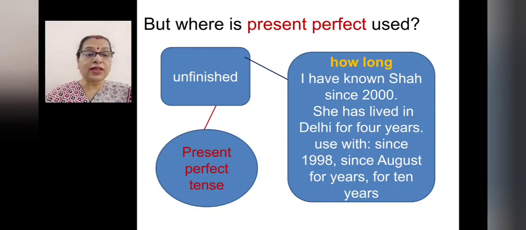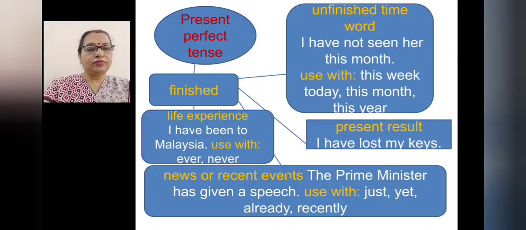She has lived in Delhi for 4 years. You can use since 1998 or since August, like, I have known Shah since 1998 or since August. I have known Shah for 10 years.